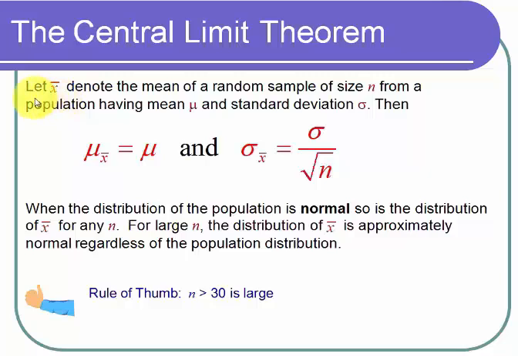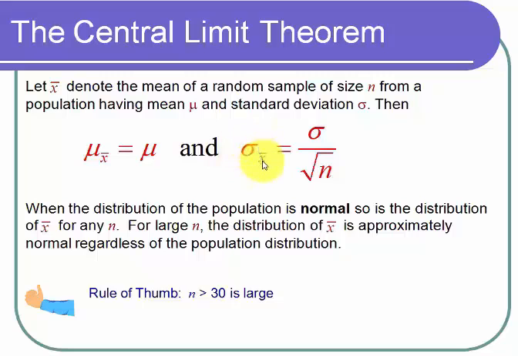And what it says is, let's suppose that x bar is the mean for a random sample of size n from a population having mean mu and standard deviation sigma. Then mu sub x bar, the mean of the sampling distribution, is always exactly equal to the mean of the population distribution.